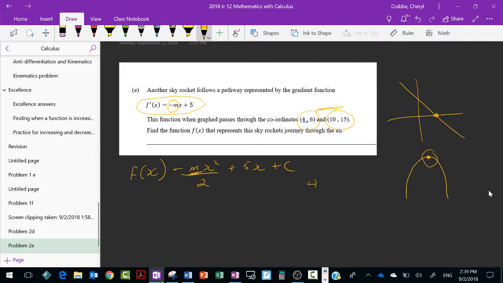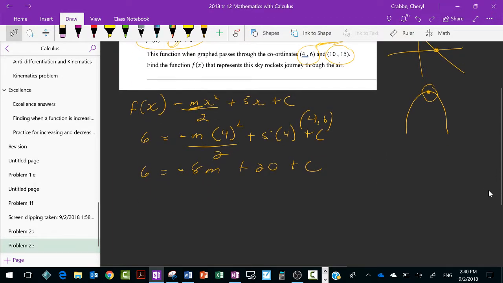So we're going to use (4, 6), because this is all I know how to do. I put in 6 equals negative m times 4 squared over 2 plus 5 times 4 plus c. And this is going to be 16 over 2, which gives me 6 equals negative 8m plus 20 plus c.